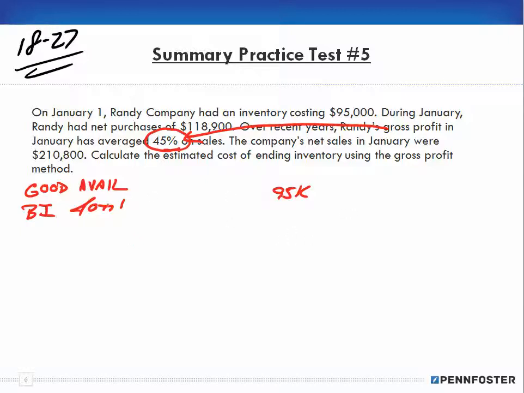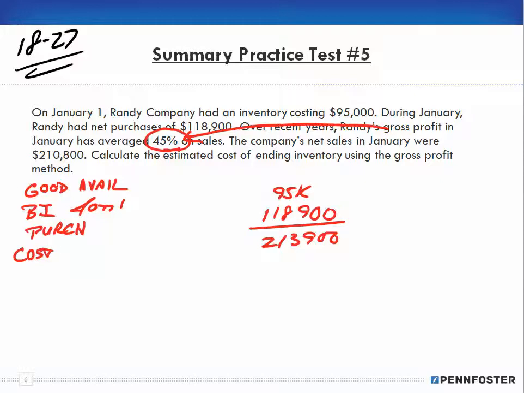Right, so we have our beginning inventory plus our purchases of 118,900. Which gives me 213.9 as my cost of goods available for sale.